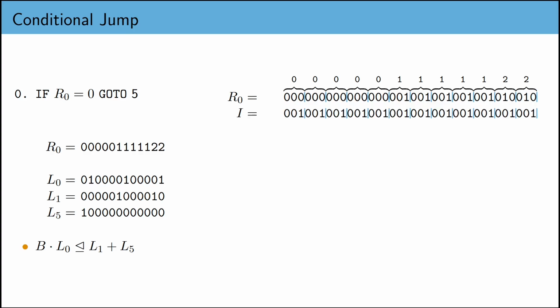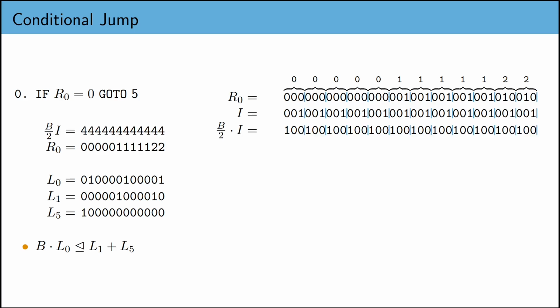And I'm actually going to want to bring in our I value from before, chosen to be the appropriate length and all ones in base B. Each of those ones is going to correspond to a 0, 0, 1. Again, we're in base 8 in binary. And actually, I'm going to want to look at B over 2 times I. In base B, this number is going to be all B over 2's.